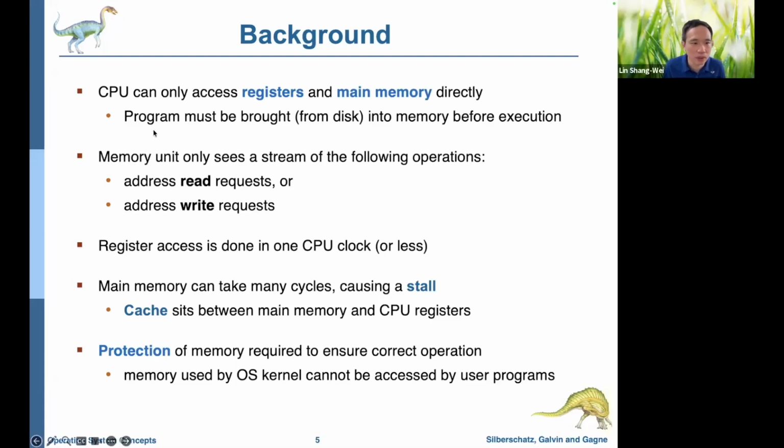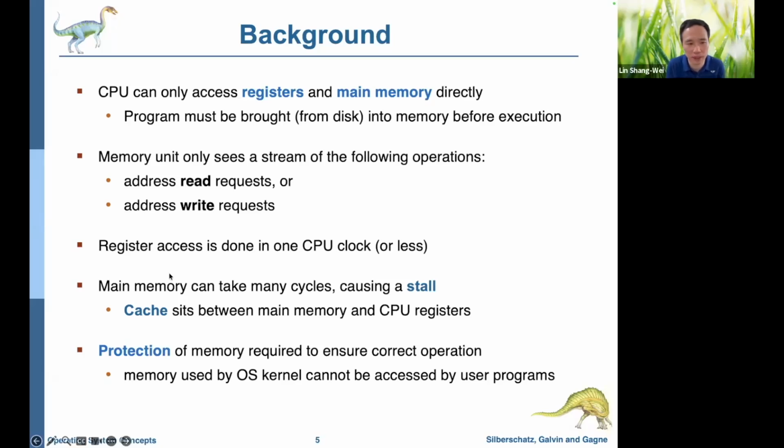I'm going to talk about this memory unit, which sits between the CPU and your memory. The memory unit only sees a sequence of operations, either read or write. Register access is very quick, just one CPU clock.